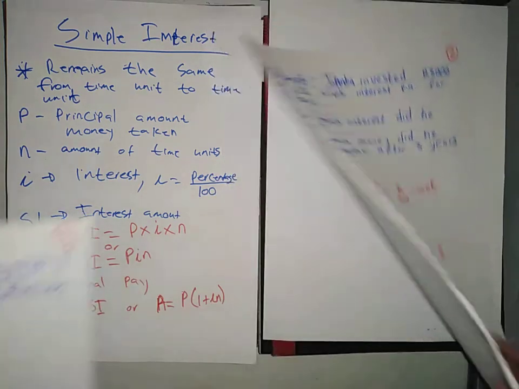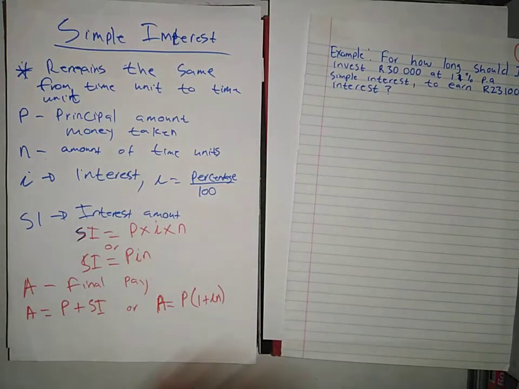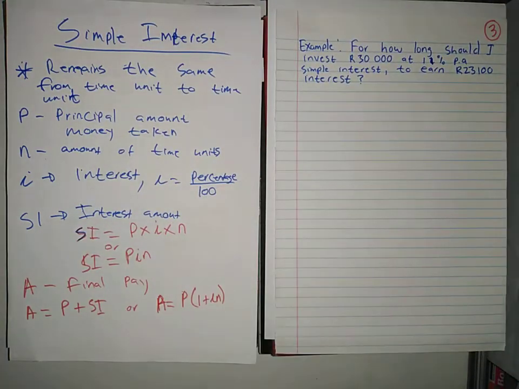Guys, we are moving. I hope you are learning something. Okay, now they just shoot straight to the question with this one. They are saying, for how long should I invest 30,000 rand at 11% per annum simple interest in order to earn 23,100 rand interest.